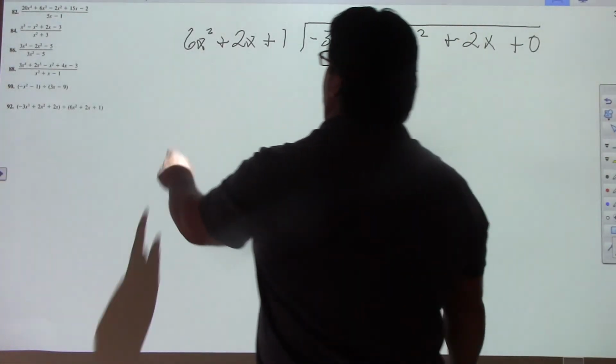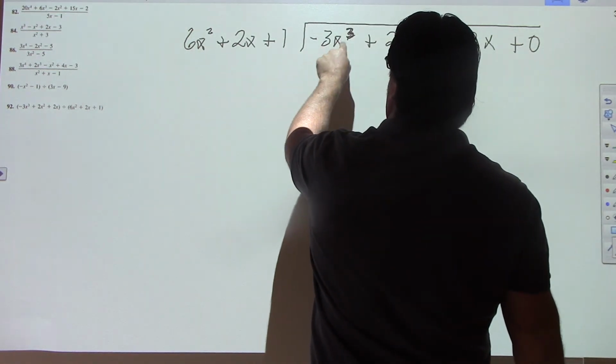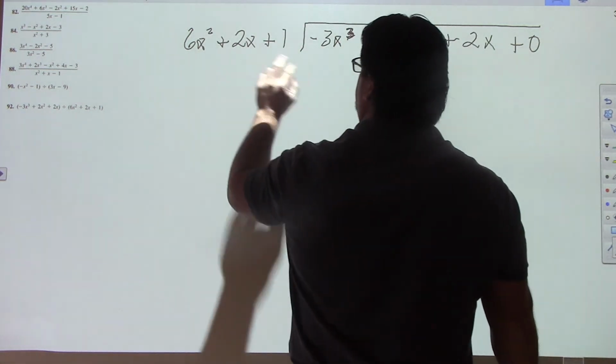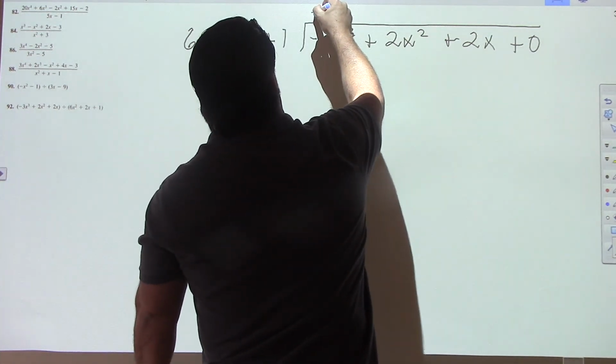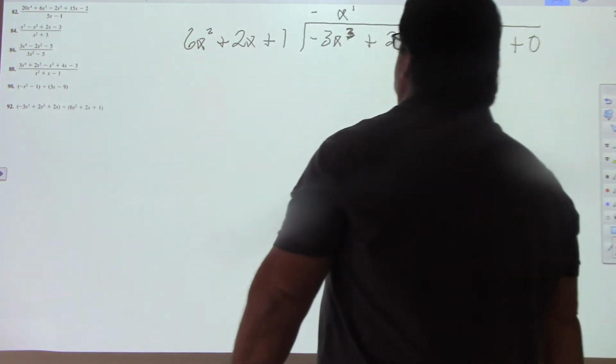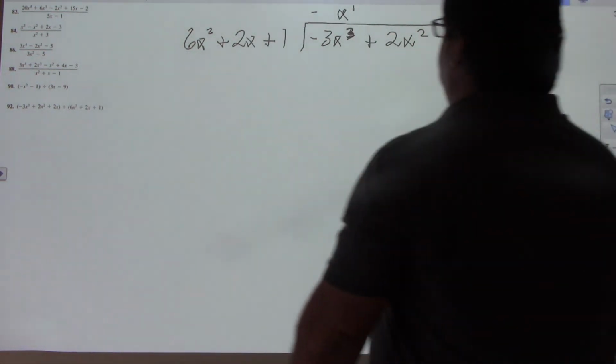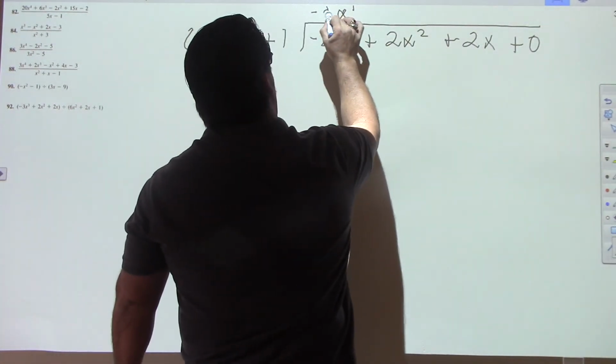All right, how many times will 6x squared go into negative 3x to the third? Well, you know a negative is going to be here, and you know x to the first. Well, what will make a 6 a 3? 1/2. Good. So you multiply by 1/2.